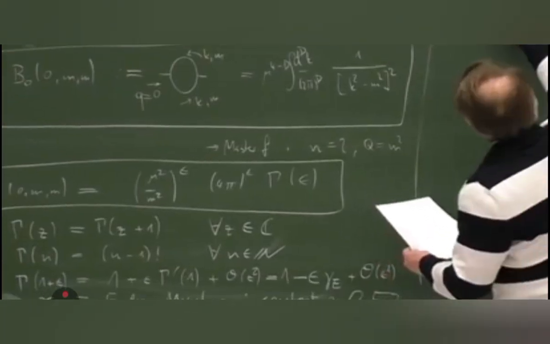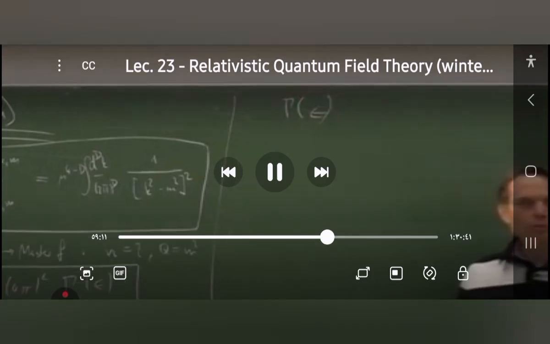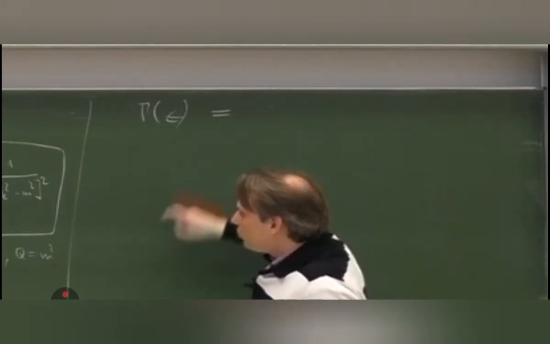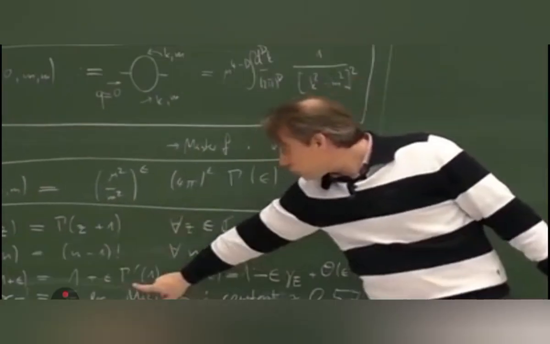So putting this together, we can obtain an expansion of gamma of epsilon. What is gamma of epsilon? Gamma of epsilon can now be obtained by taking the recursion formula and the expansion around 1.